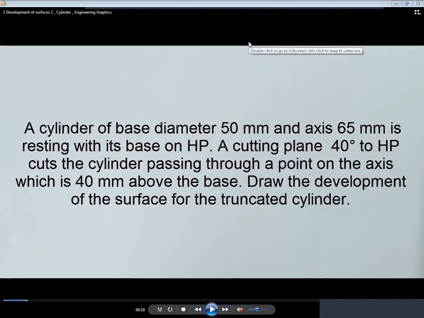Total axis length is 65 from the base. So we have to cut that cylinder with the help of cutting plane by taking a distance 40 mm from the ground floor. And the question is, draw the DLS, or development of lateral surface of the cylinder.